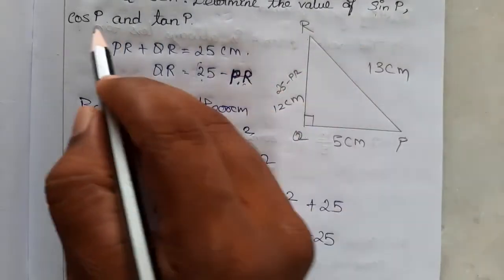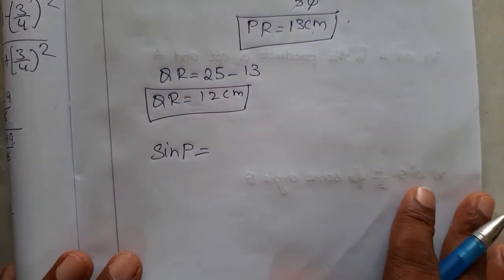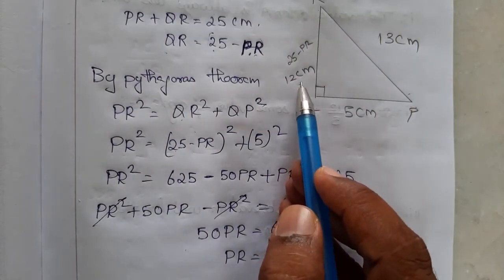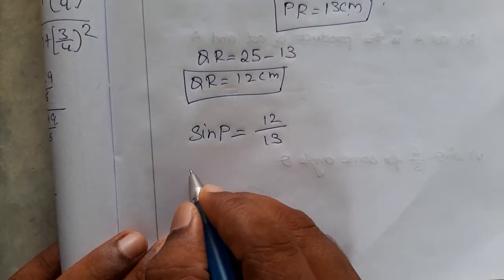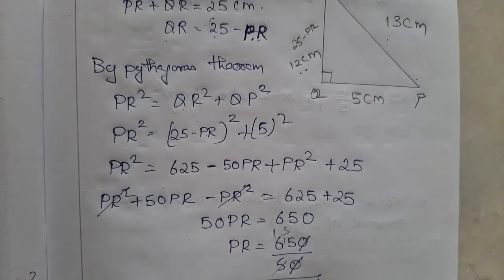Now we have to find sin P, cos P and tan P. So sin P is equal to opposite by hypotenuse. For P the opposite is 12, so 12 by hypotenuse 13, that is 12 by 13. The next is cos P. Cos P we can write as adjacent by hypotenuse.